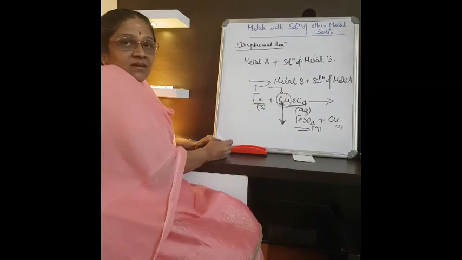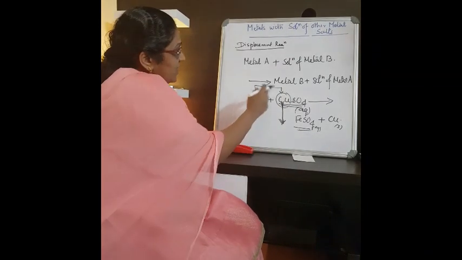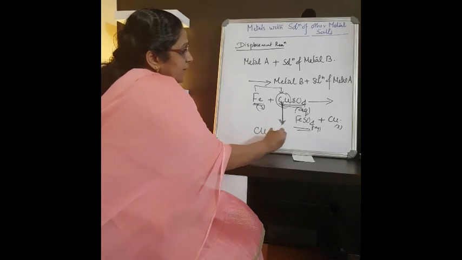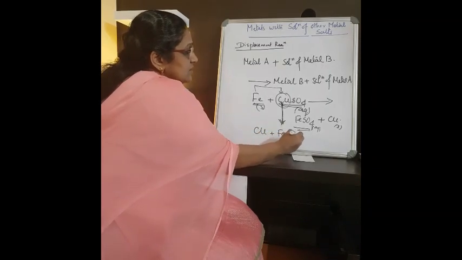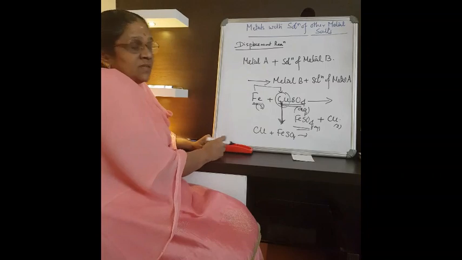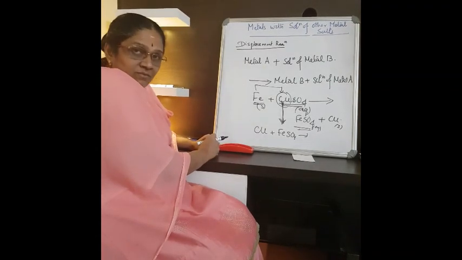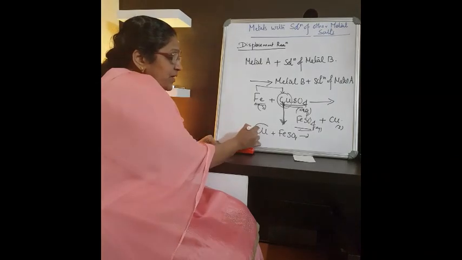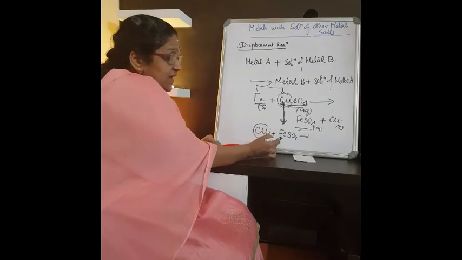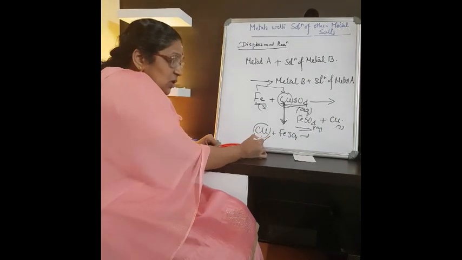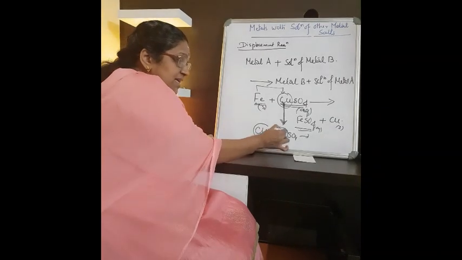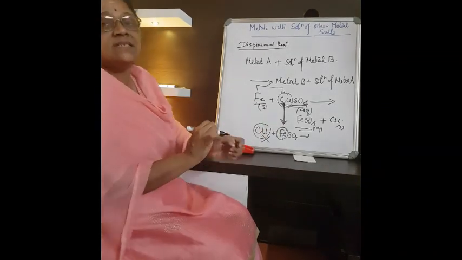And the same way, we have another equation like copper plus iron sulfate. Does this reaction take place? No. Why? Because copper is less reactive than iron, so it is not capable of displacing the iron from iron sulfate.